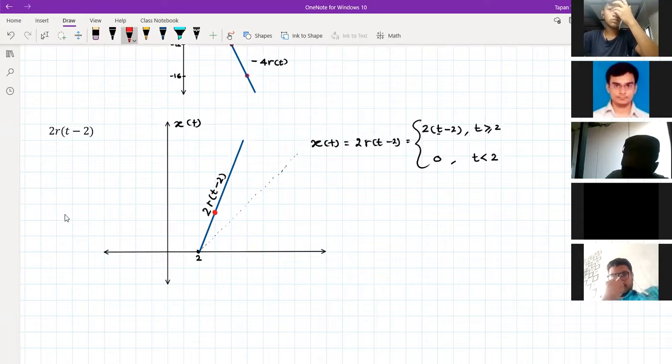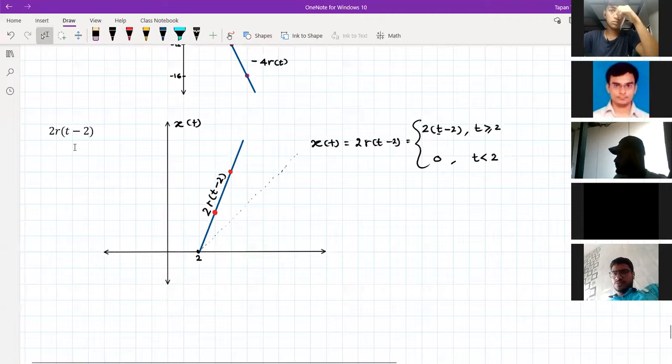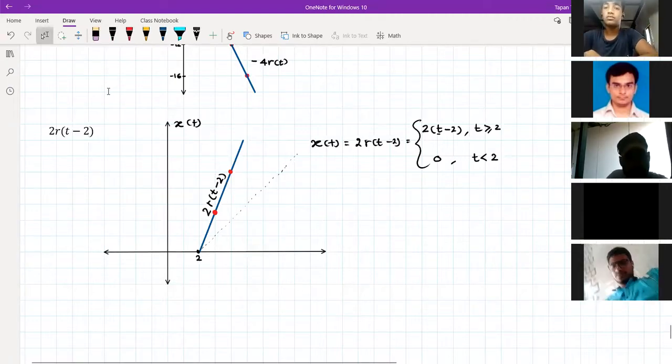For t equal to 4, you get 4 here, and so on. Okay, fine. So this is the direct answer.